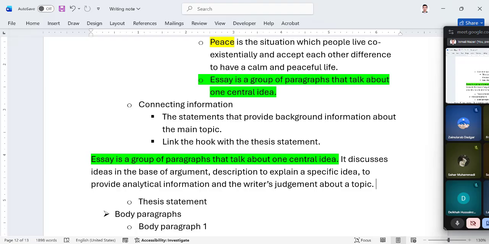This much can be a hook. Sorry, it can be connecting information. It provides background knowledge. So it discusses ideas in the base of argument, description to explain a specific idea, to provide analytical information, and the writer's judgment about a topic.